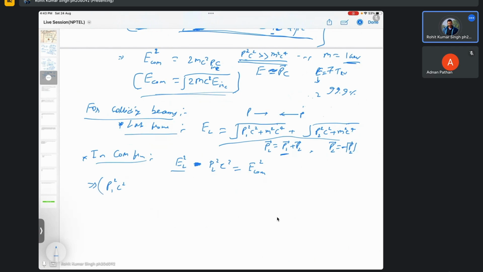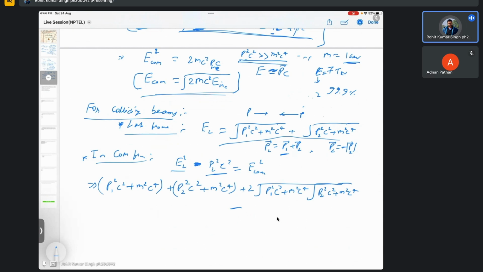So you will get P1 square C square plus M square C to the power 4, plus P2 square C square plus M square C to the power 4, plus 2 times the product of the two energies, minus P_L square C square.